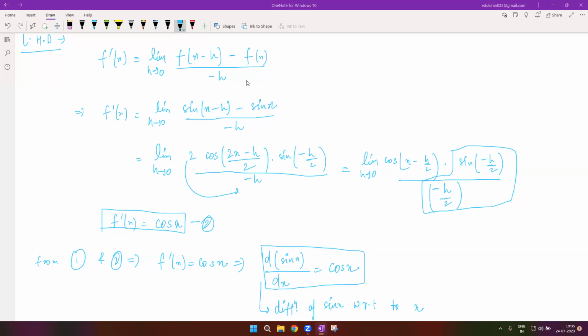Sir, we have to differentiate these functions. So when do we know that we have to find RHD and differentiate? To check the differentiability, we will have to find the right-hand derivative and left-hand derivative.